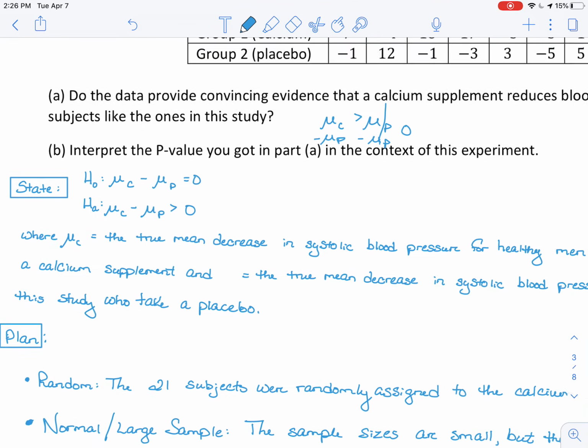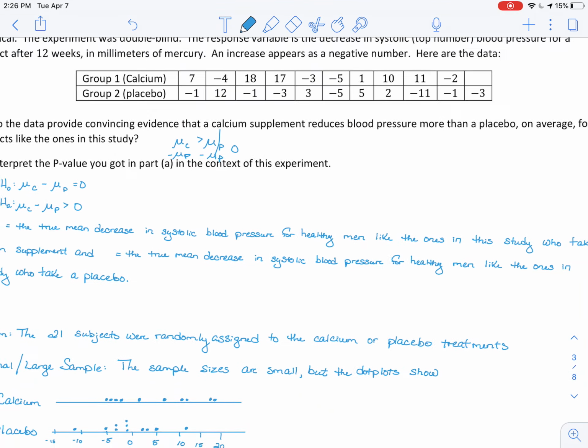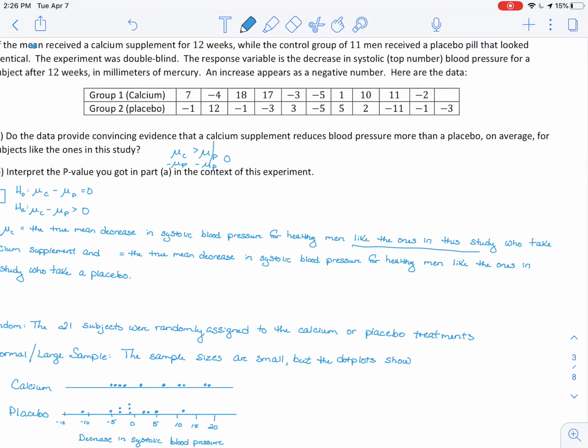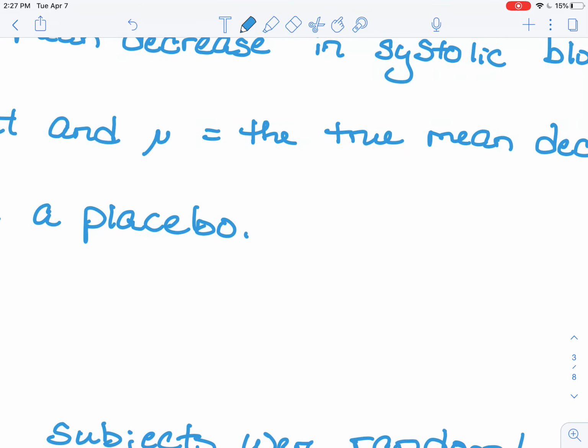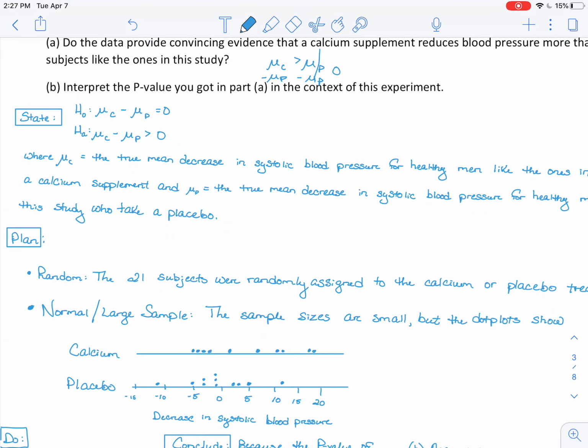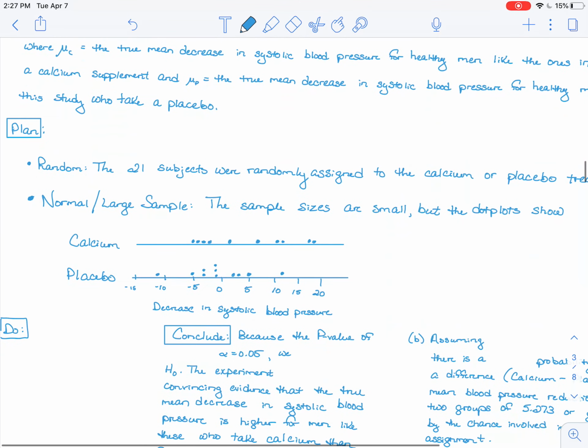So I have my hypotheses, and I'm just going to use mu sub c as the population average decrease in systolic blood pressure for healthy men like the ones in the study. That's important to say. This is not for all the population. This is just for the ones like the guys in the study who took a calcium supplement. And mu sub p is the exact same thing, but for those who took the placebo in the study.